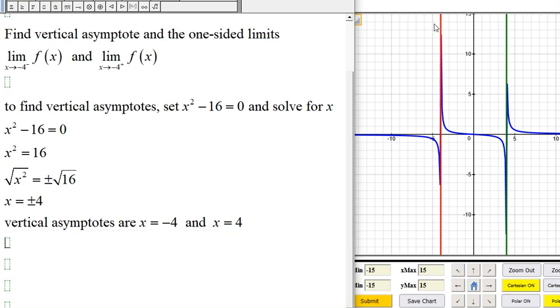So this is the vertical line x equal to negative 4, and this is the vertical line x equal to 4. So these are called vertical asymptotes. And now we want to approach negative 4, where the vertical asymptote is, from the left and then from the right. And then we also want to approach the 4 here from the left and from the right.